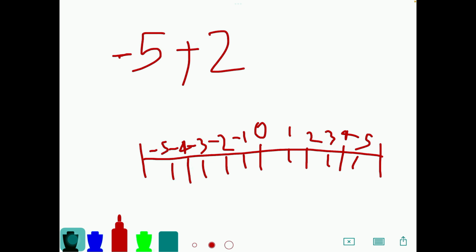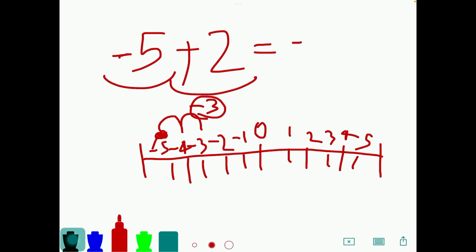Let's start with minus 5. The other number is plus 2. So let's add 2 to minus 5. That is 1, 2, minus 3. So the answer to this expression is minus 3.